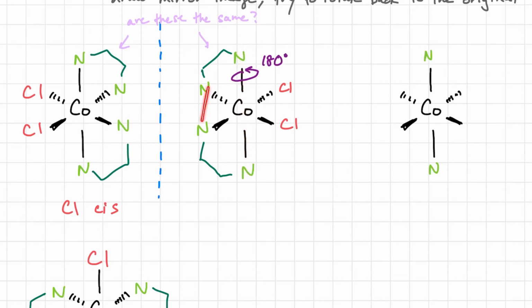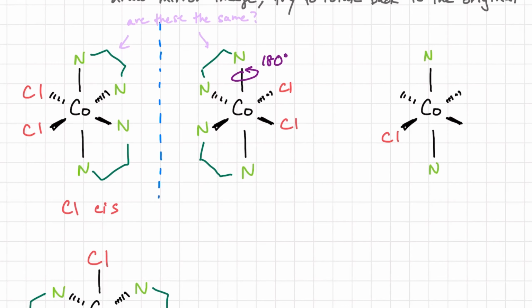I'm spinning these four. Because I spun it 180 degrees, this chlorine is going to go 90, 180. So that chlorine I can label right here. Again, this chlorine, I'm rotating it 180 degrees, 90, 180.